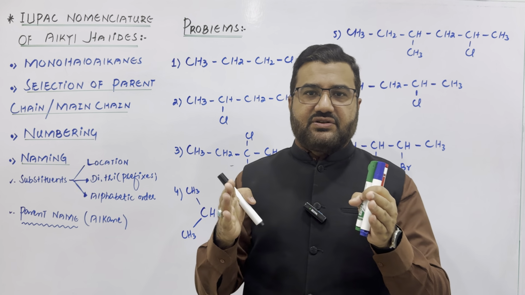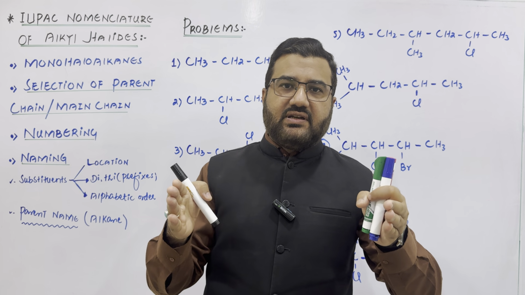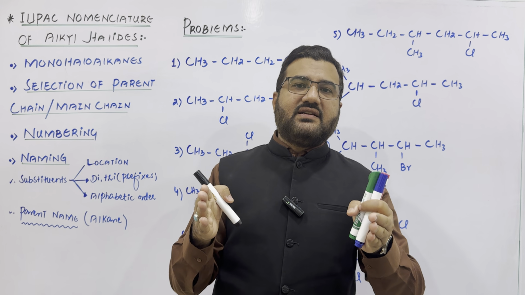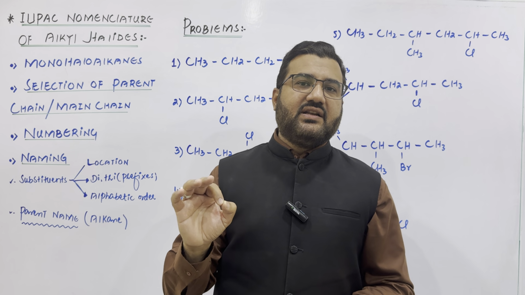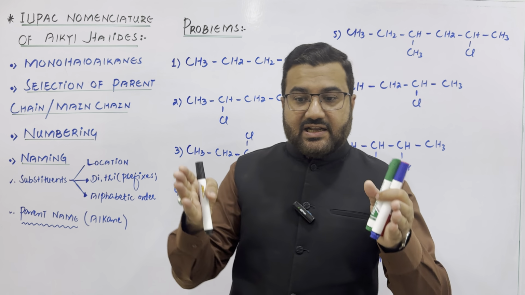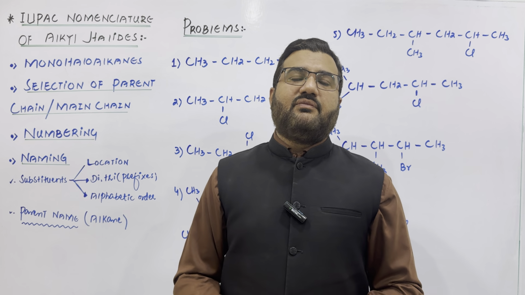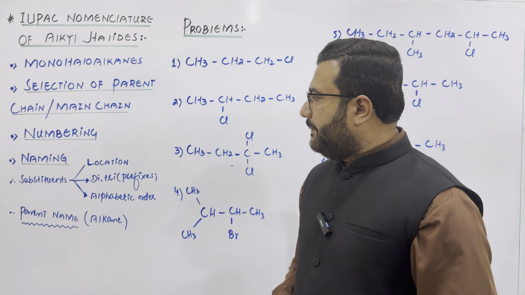And if you find any structure in which the halo group is at equal distance from both ends of the chain, then you will consider the substituent. You will begin the numbering from that end of the chain where the substituent is nearer. And if the substituents are also at equal distance from either side of the chain, then you can start numbering from any end of the chain.